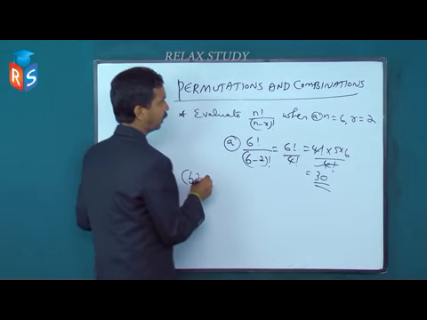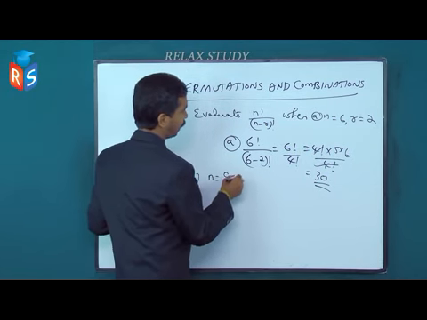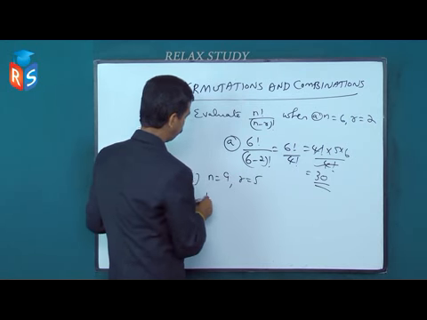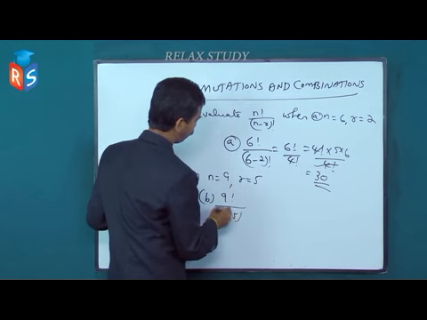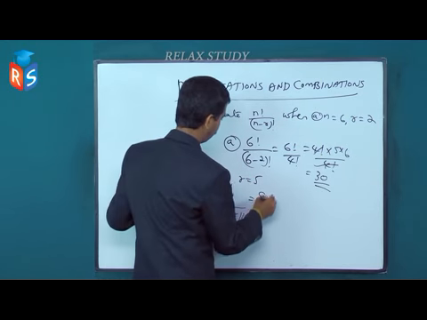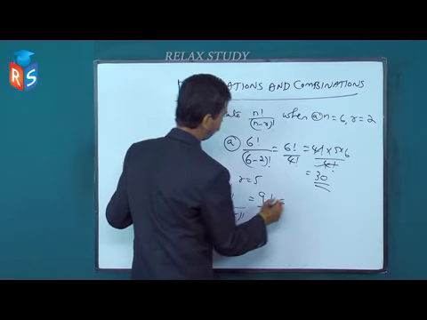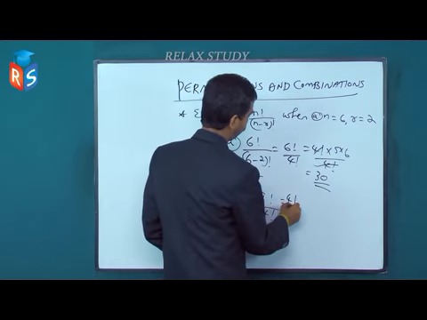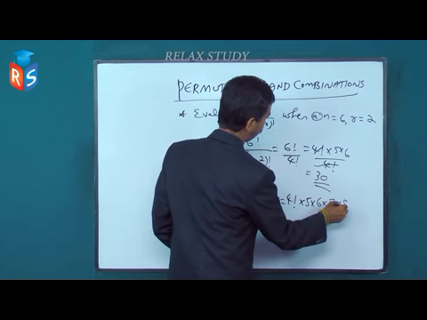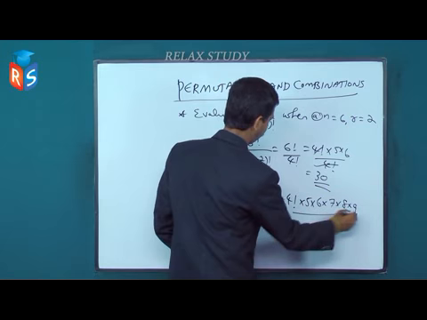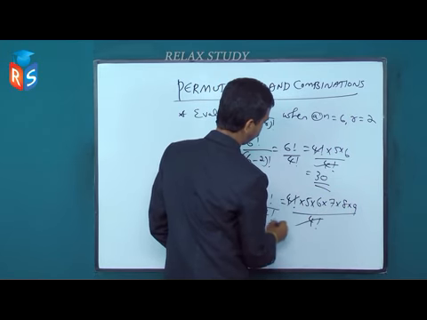Second one, n equals 9 and r equals 5. So the answer is 9 factorial by 9 minus 5 factorial, 9 factorial by 4 factorial. The answer is 4 factorial into 5 into 6 into 7 into 8 into 9 divided by 4 factorial.